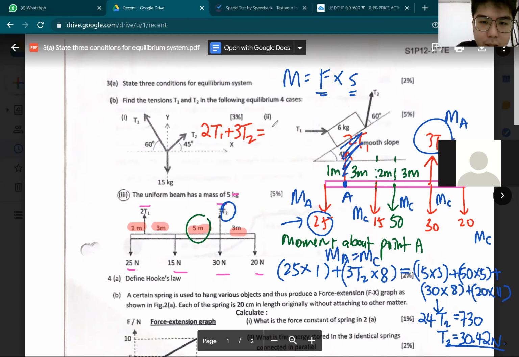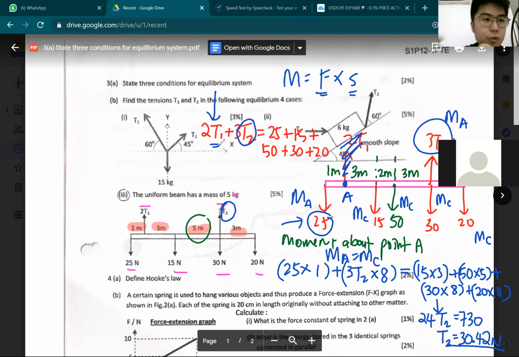So it equals 25 plus 15 plus 50. Don't forget the weight of the beam. If you forget the weight of the beam, then you get the wrong answer. So plus 30, also acting down, all the downward forces you add, equals the upward forces. Since you already know T2, you can find T1.